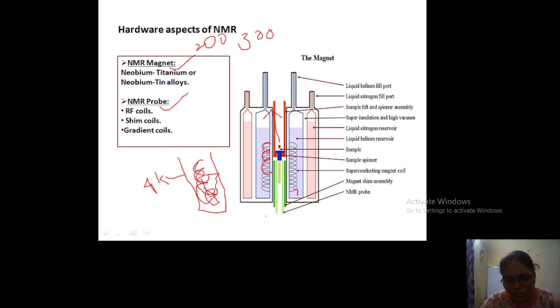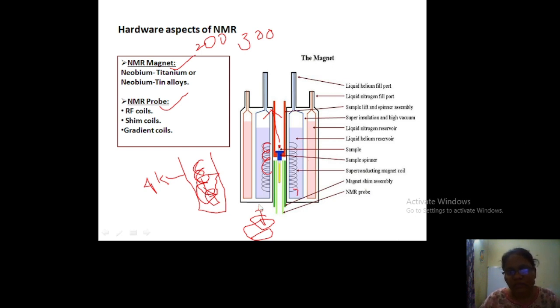So if your coil is like this, your magnetic field will be directed in a perpendicular direction. This magnetic field will be of very high field strength, because the coil is a superconductor.